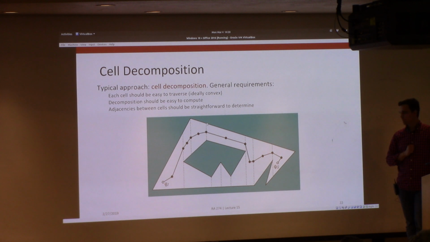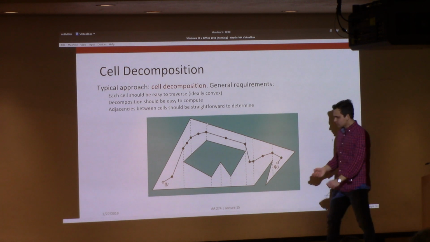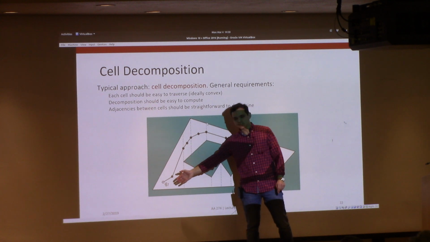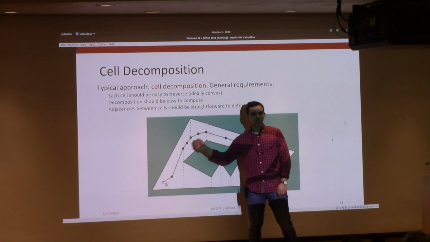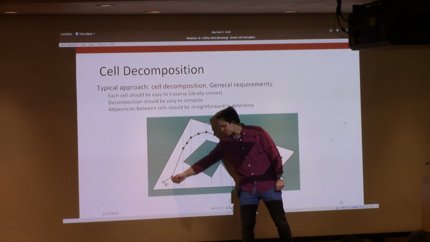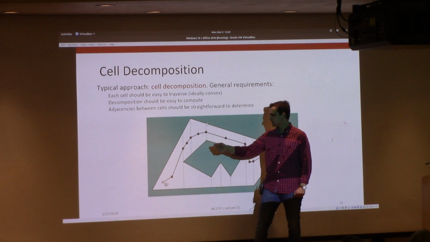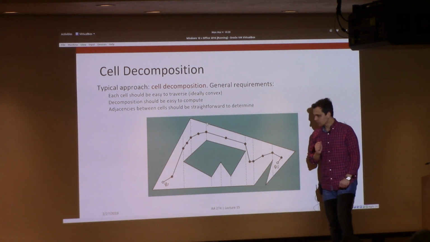Okay? How do we transform this trapezoid graph path into a continuous path? Okay, so we ran, let's say, the A-star algorithm on the trapezoid graph, and it retrieved us this sequence of trapezoids.